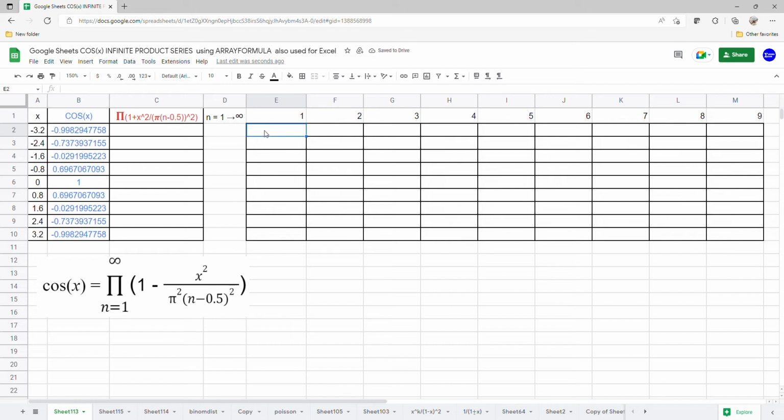And we continue with the product, which is an array formula. That is 1 minus x squared, x raised to the power 2, divided by, there are two parts. The first part is pi squared.